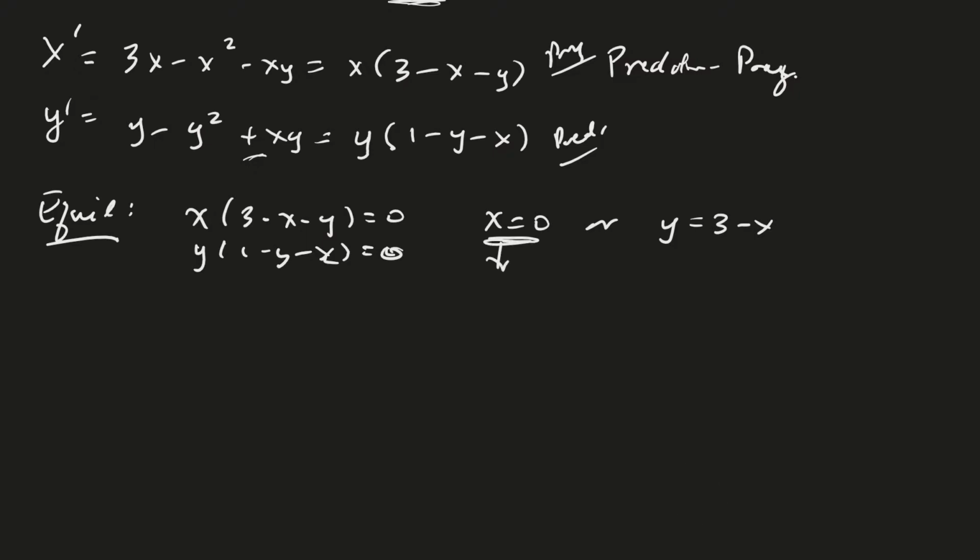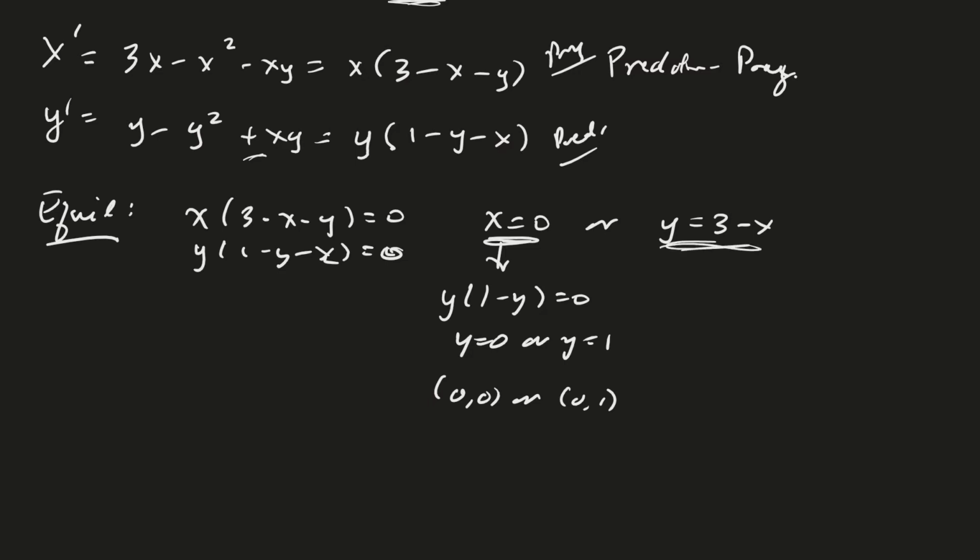If x equals 0 in the first equation, then we get y times 1 minus y equals 0 in the second. Let me clean that up a little bit. So therefore y equals 0 or y equals 1.